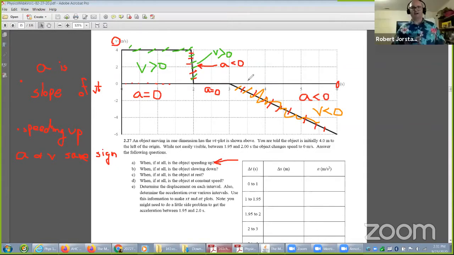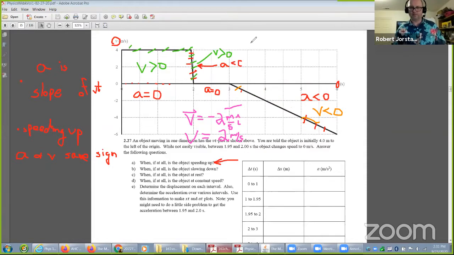Yes, negatively, exactly. And maybe this would help. I was glossing over this point, but now you can see that at this point the velocity is equal to negative 2 meters per second I hat, but the speed is the absolute value of that, 2 meters per second, right?